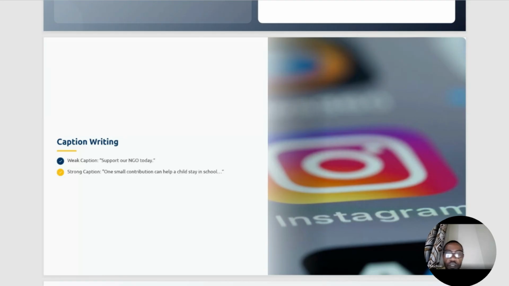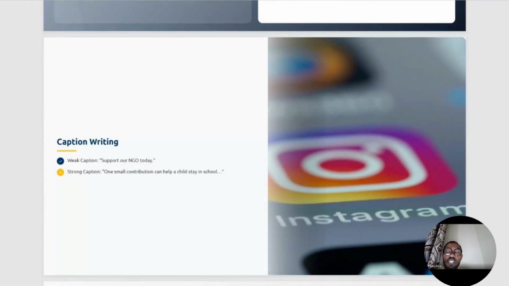You'll also find yourself writing things like captions. You don't want to say "support our NGO today." I mean, come on. "One small contribution can help a child stay in school." That's good copywriting. Copywriting is a big deal. I think you should note somewhere and go research more on copywriting.